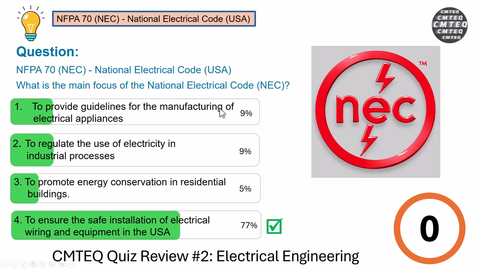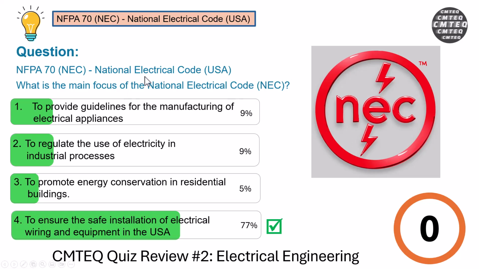It covers all aspects of electrical systems that you can think of in residential, commercial, and industrial settings, including but not limited to wiring methods, grounding, overcurrent protections, equipment installations, and obviously special occupancies setups as well.